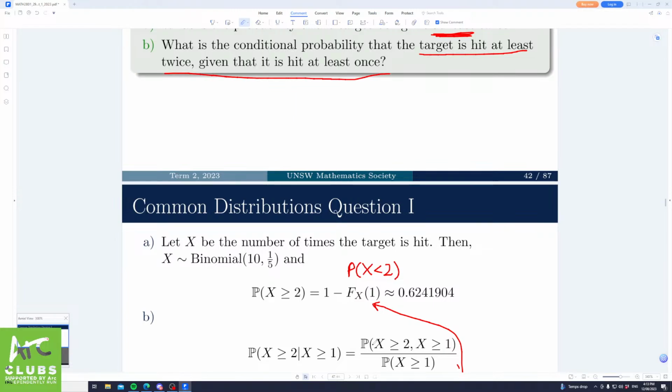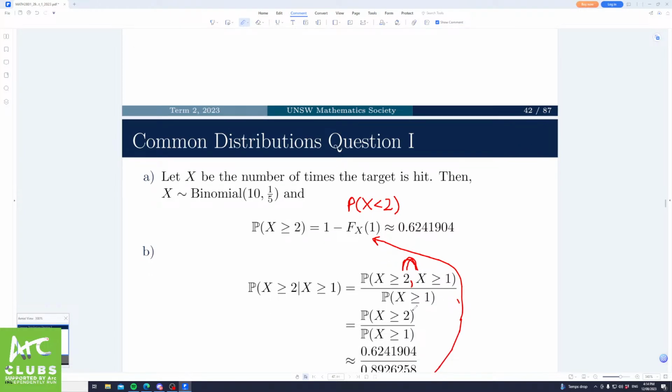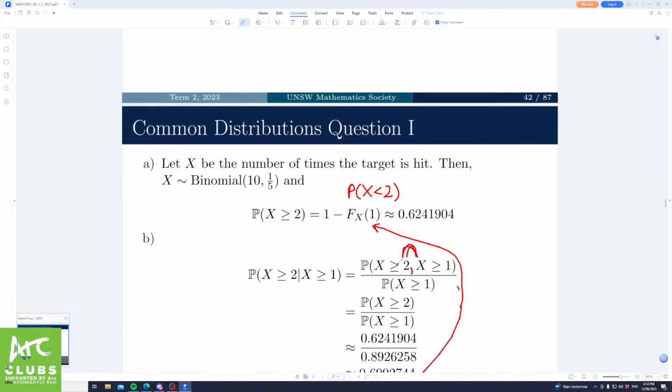And then instantly I'm using our conditional probability formula. I've used a comma here, but this is the same thing as the intersection. And notice that this numerator, P of X is greater than or equal to 2 and X is greater than or equal to 1, we can simplify to just X is greater than or equal to 2.